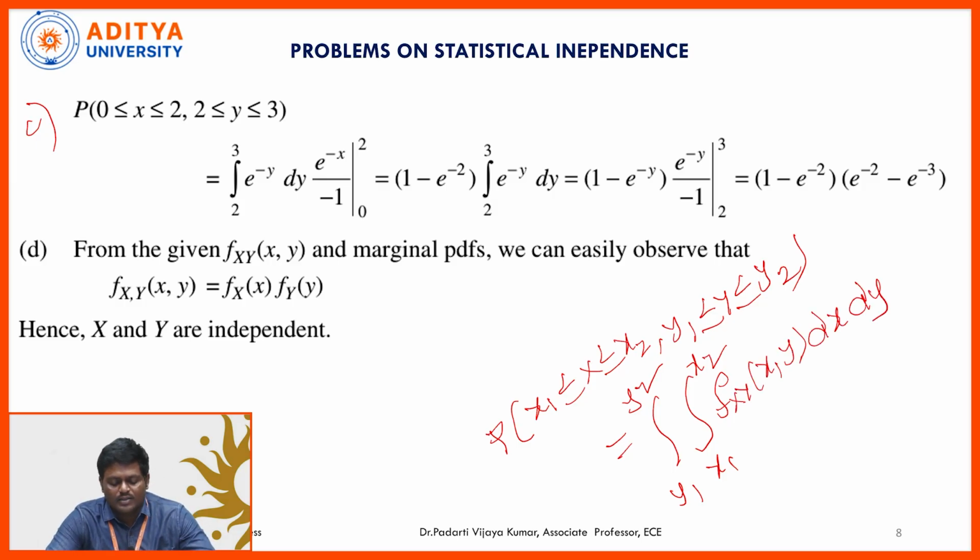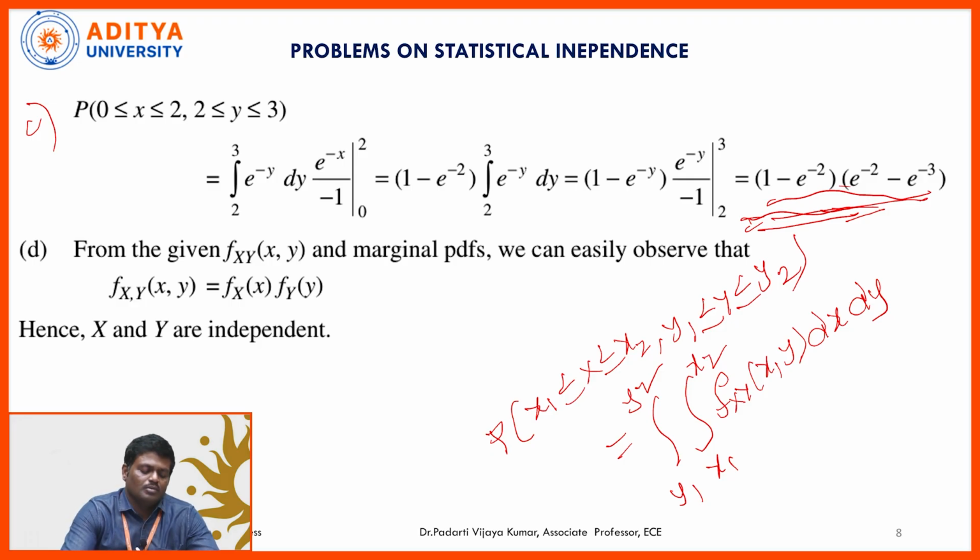Applying that and computing this, what we get is 1 minus e power minus 2 into e power minus 2 minus e power minus 3. Substituting e, you will get a numerical value, or else you can express your answer up to this extent.